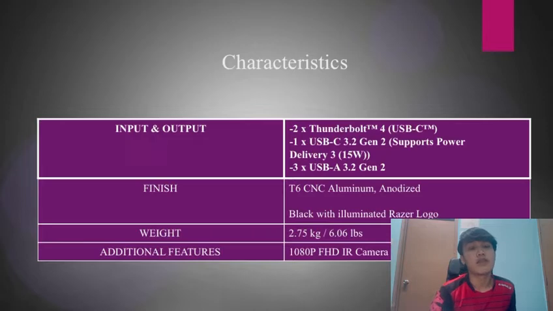Okay, and for input and output, 2 Thunderbolt 4 USB-C, 1 USB-C 3.2 Gen 2 with support for power delivery 3.0, and 3 USB 3.2 Gen 2. For finish, T6 CNC aluminium anodized black with illuminated Razer logo.